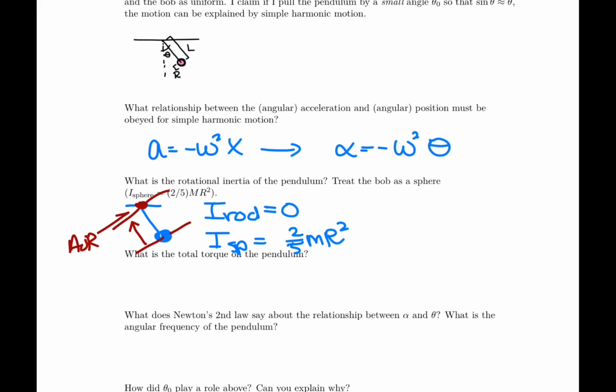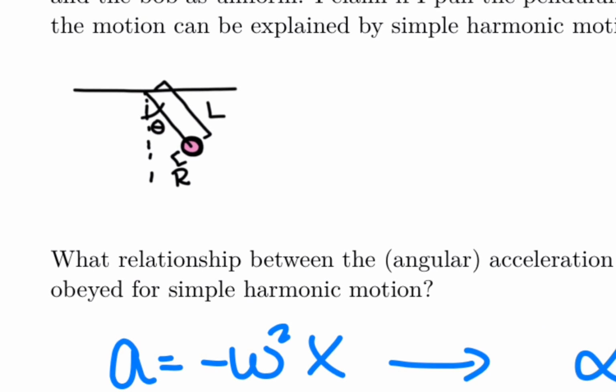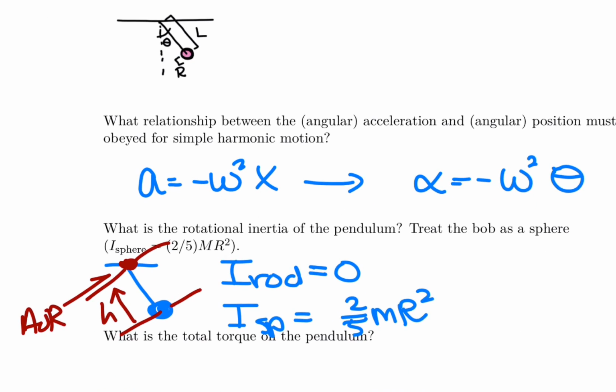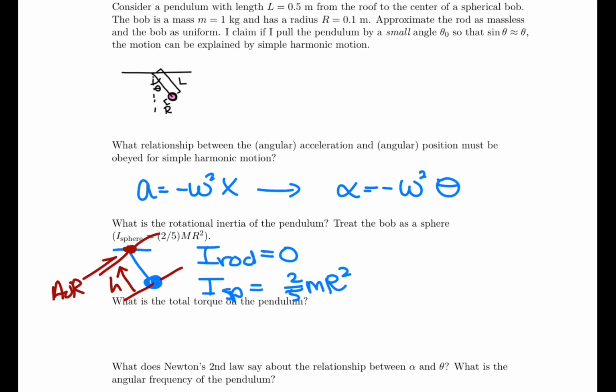So we have to shift this over by some distance h, which in this case, based on the drawing above, is just the length of the rod L. So then by the parallel axis theorem, it's not just 2/5 mr squared, but plus mL squared. You're shifting it by a length L. So the rotational inertia for the sphere is whatever this quantity is.